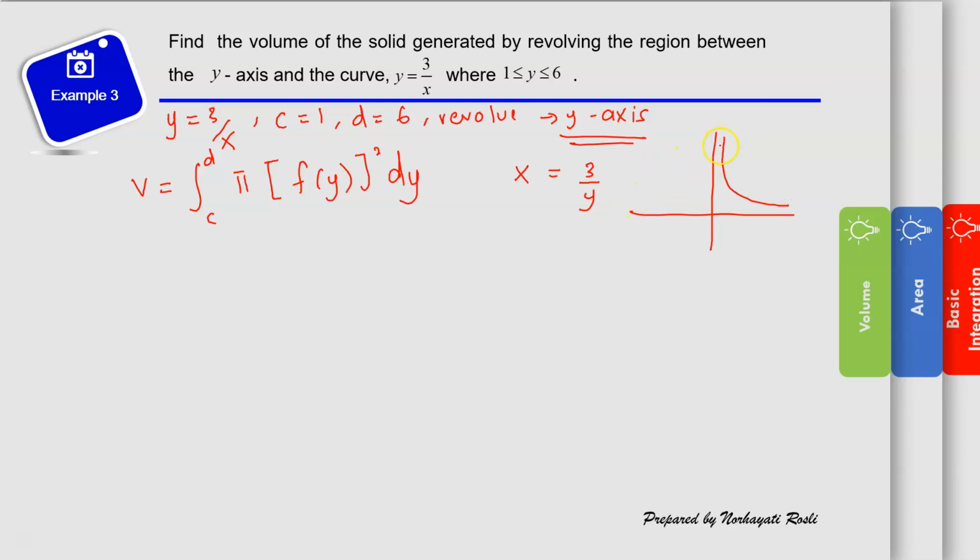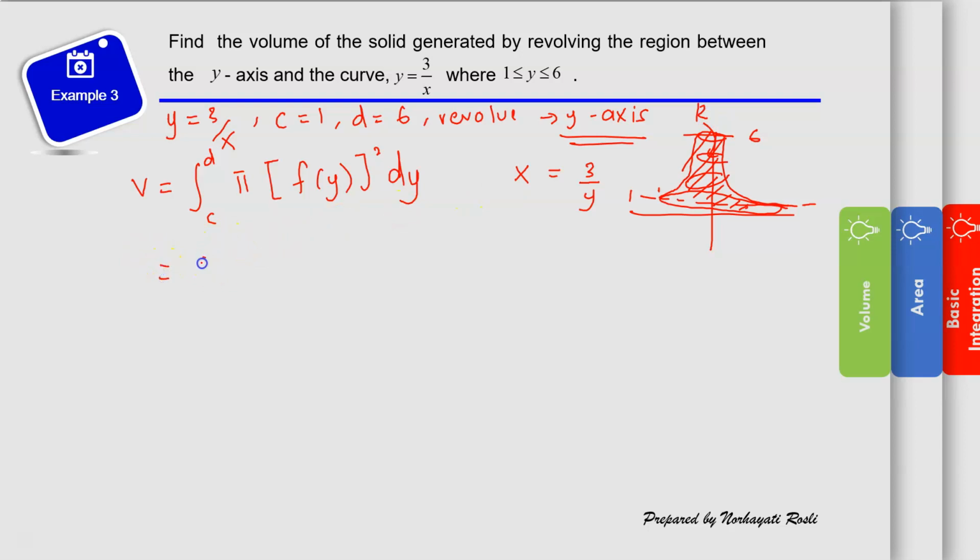When we revolve it about the y-axis, finally you'll get this kind of shape. And here, for example, we want to compute the volume for y between 1 and 6. So for example, this one is 1 and here is 6. We want to find this volume. This is our region R.